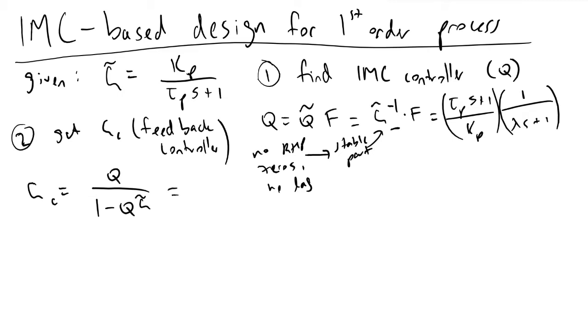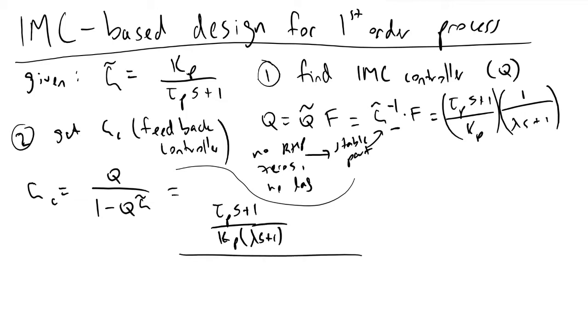And so this is where the algebra starts to get a little heavy. We will have tau p s plus 1 divided by Kp times lambda s plus 1.